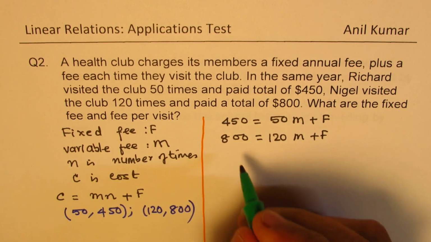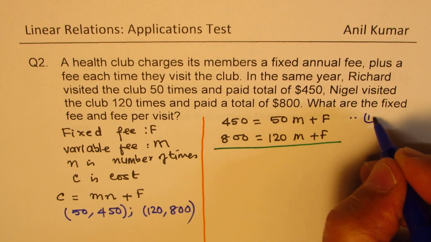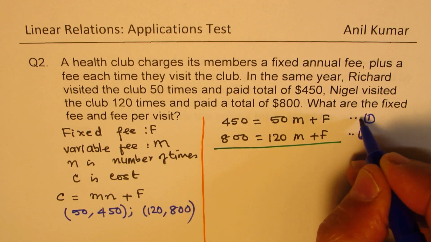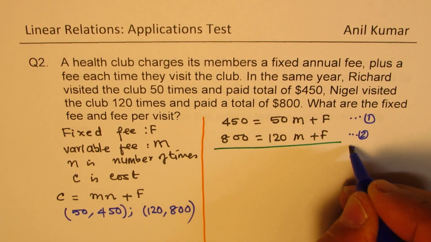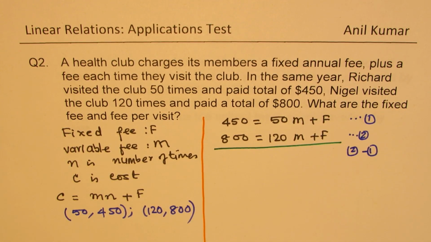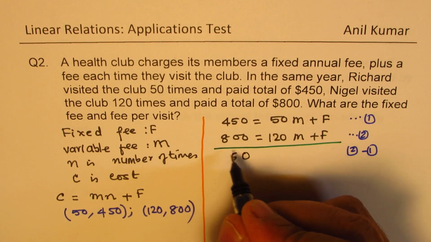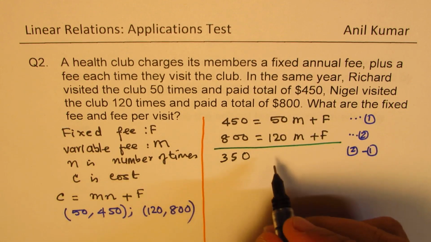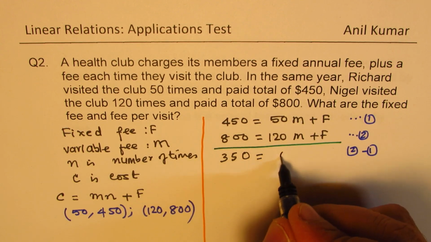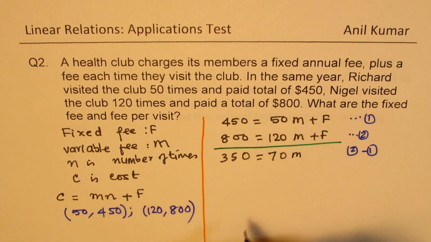Now again, if we take the difference between the two, what do we get? We'll call this our equation 1, this equation 2, and what we're doing here is equation 2 minus 1, simply because this is bigger, right? So when you take away from 800 this, you get 350, and 120 take away 50 equals 70m. f and f cancel.